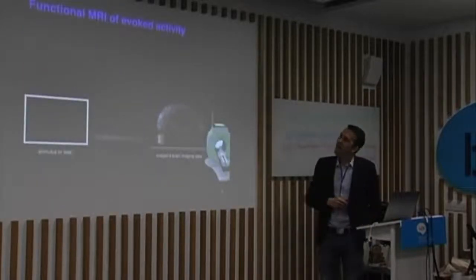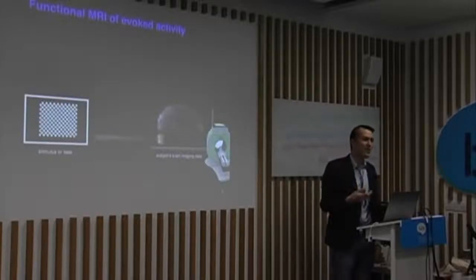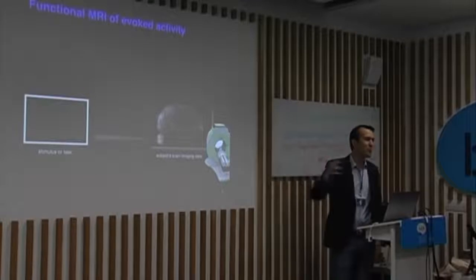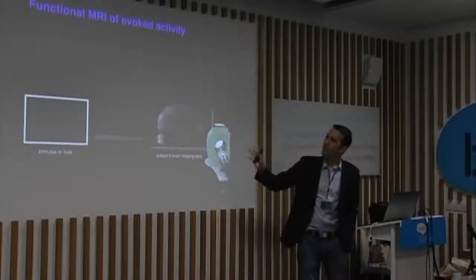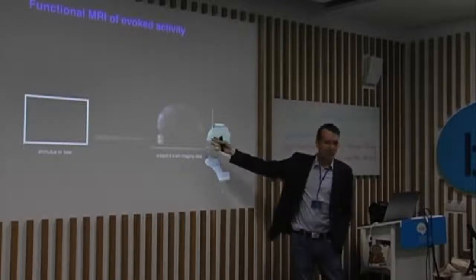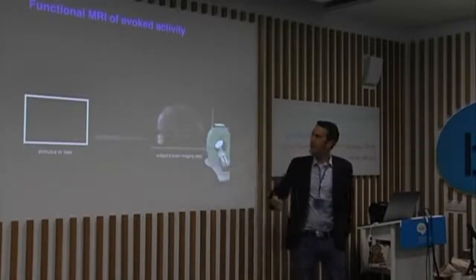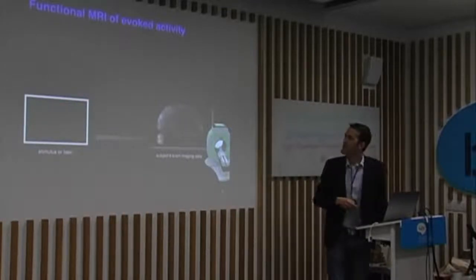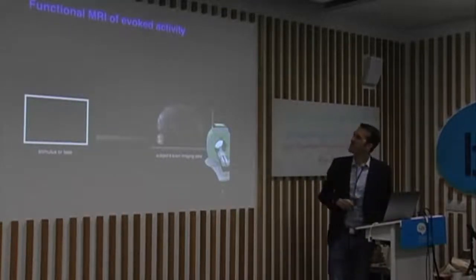Now, just for the history a little bit, since the beginning of MRI in the early 90s, this was the basic paradigm to use it for brain mapping. And so basically you had some stimulus or task to which the subject in the scanner attended. So let's say you have this very salient flashy checkerboard, which obviously will activate the visual cortex.